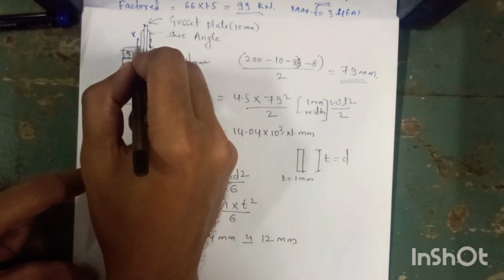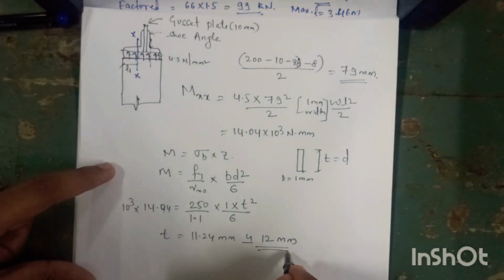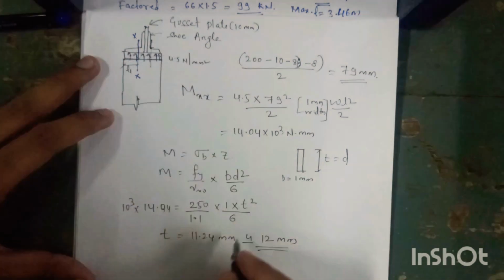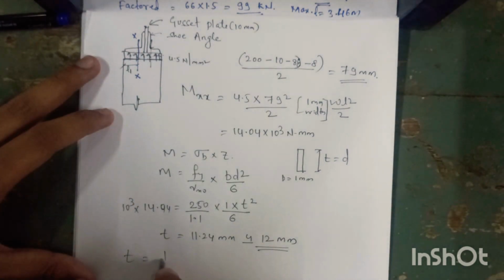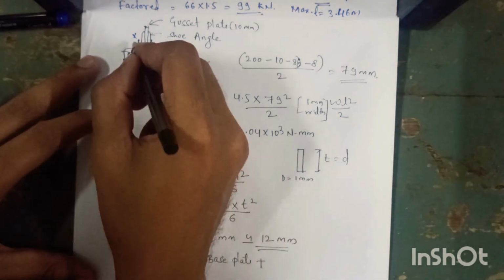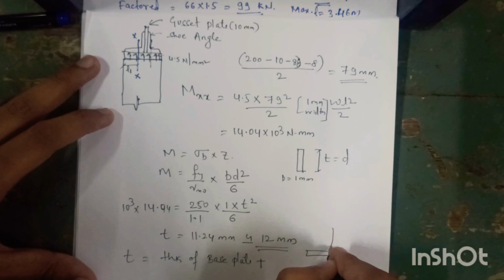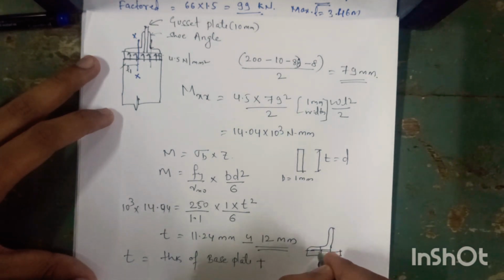Now this thickness of the base plate required includes the thickness of the shoe angle. So this total T is equal to thickness of base plate plus thickness of shoe angle, which is totally 12 mm.